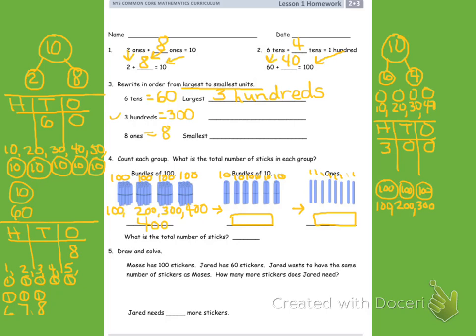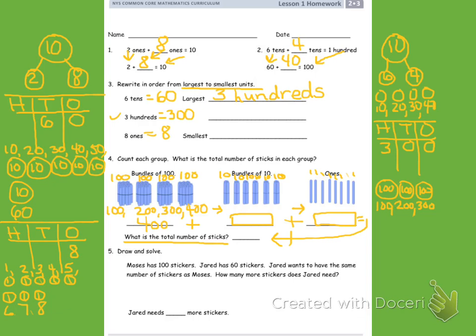But don't forget, we have to answer the question, what is the total number of sticks? So we'll take the 400 plus the amount in the tens plus the amount of ones, and that equals this amount in all right there.